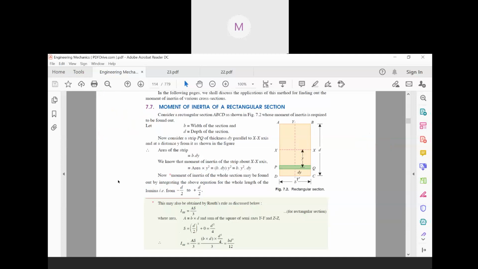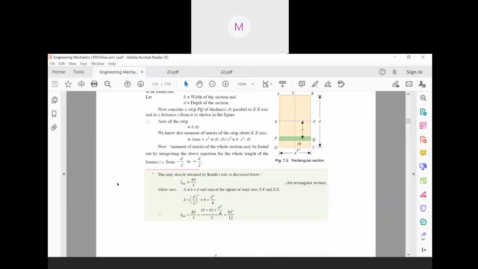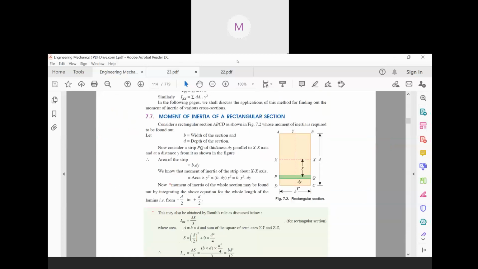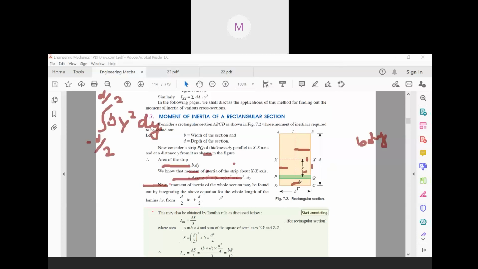Why did we get minus d by 2 and plus d by 2? The reason behind it is, look, this is d, right? Now this is the neutral point. So below it will be what?